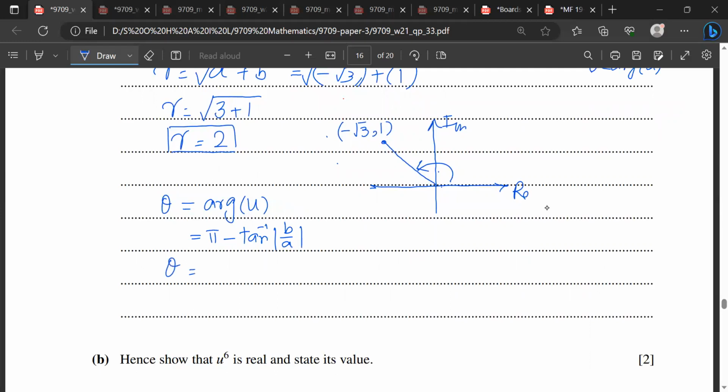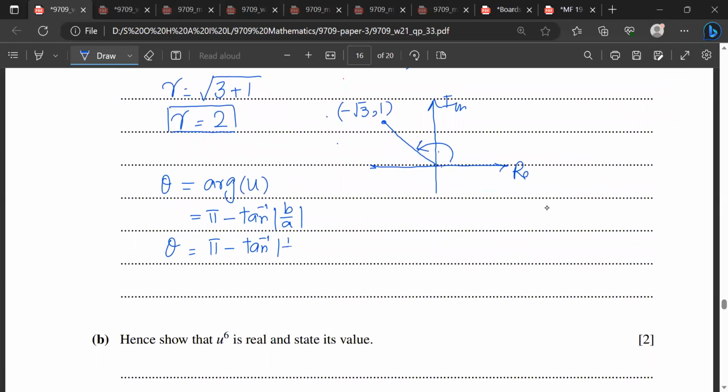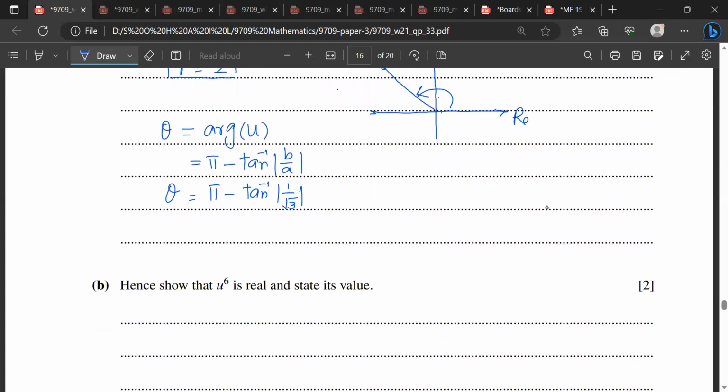So theta is equal to pi minus tan inverse of the modulus of b over a, which is 1 over root 3. Tan inverse of 1 over root 3 is pi over 3.